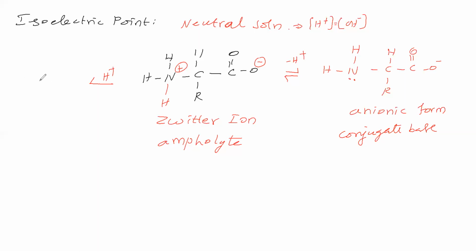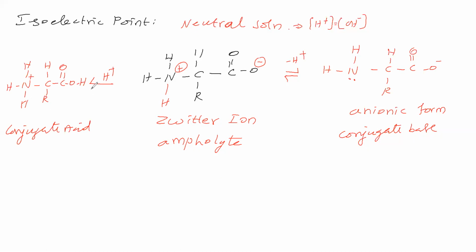Then it will become NH3 plus, CHR, and COO minus becomes COOH. Now this is taking H plus, therefore it is a base, so this is the conjugate acid.